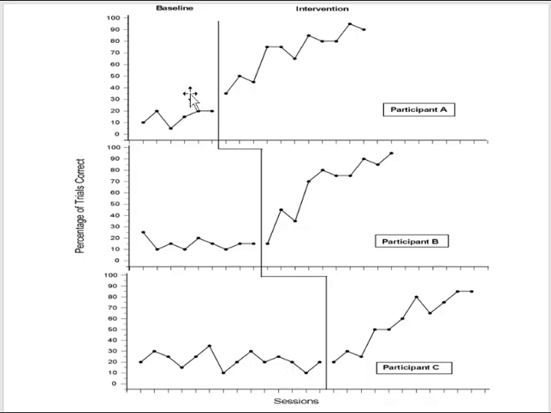There is inter-subject replication. Here's participant A, replicate participant B, replicate participant C. I don't see any intra-subject replication because what we essentially have here is an AB. If we would have returned to a baseline, we might see ABA. Depends on what this behavior here is, whether or not that's feasible.